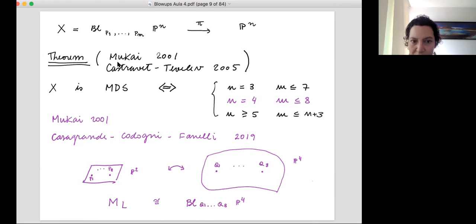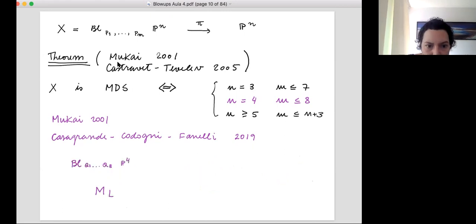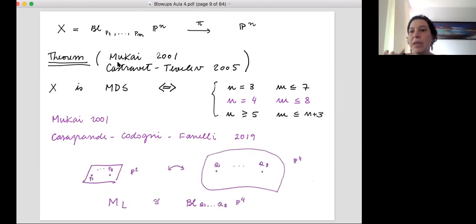So I will explain what this L is, but the idea is that L is going to be a polarization on the surface that is obtained from P2 by blowing up 8 points. And so when you fix this polarization and certain invariants for the vector bundle, you get this moduli space.